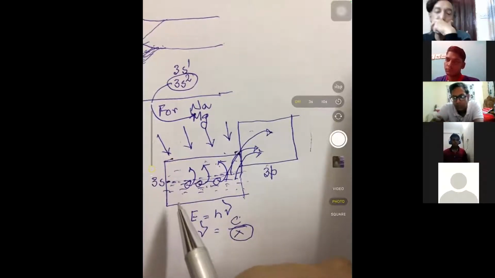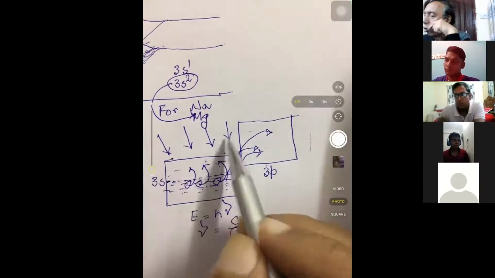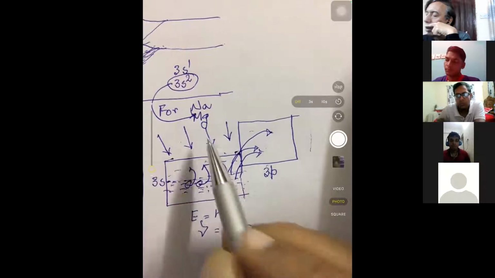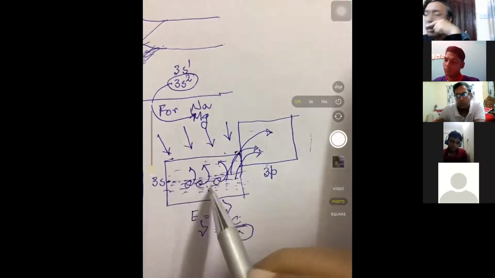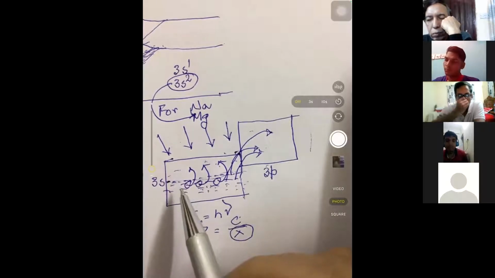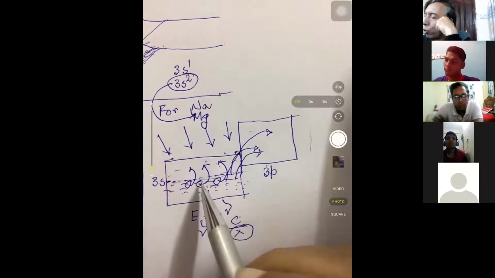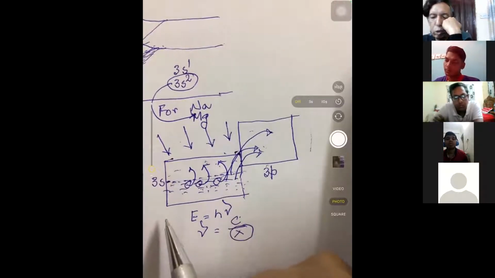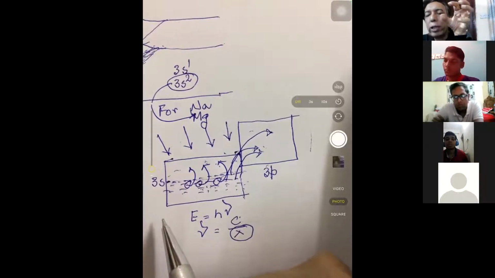Now, what will happen? Light falls on sodium and the electrons absorb all the energy from the light, and go from here to here. So what about that light? It is absorbed totally by sodium or by magnesium.